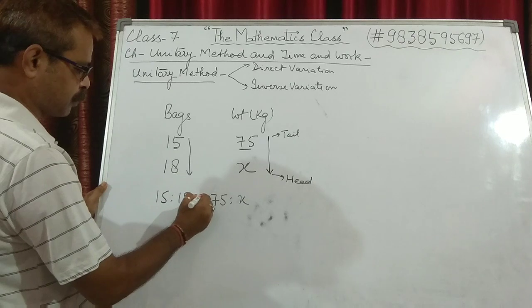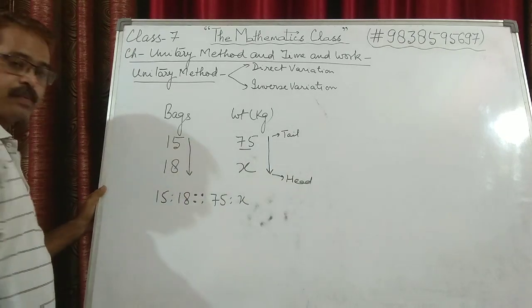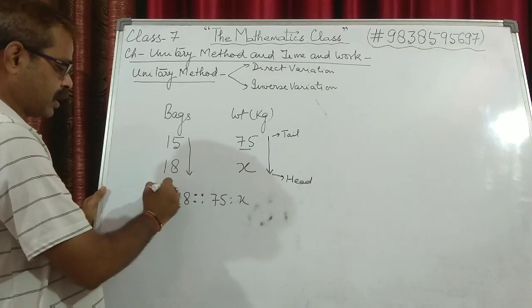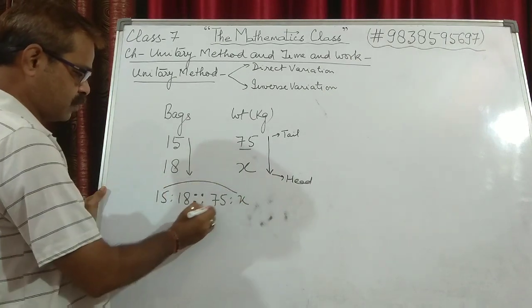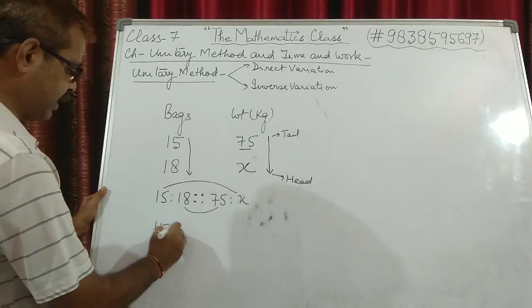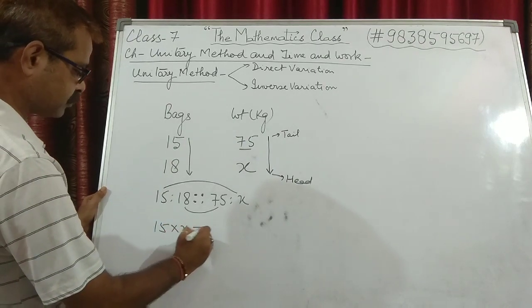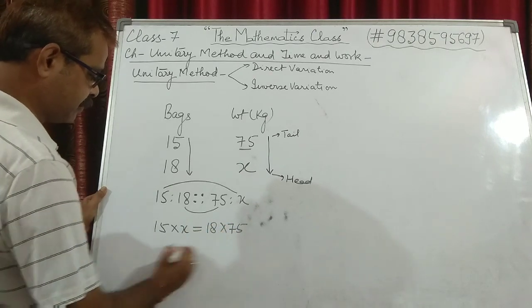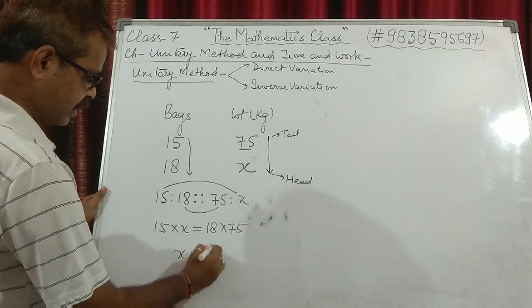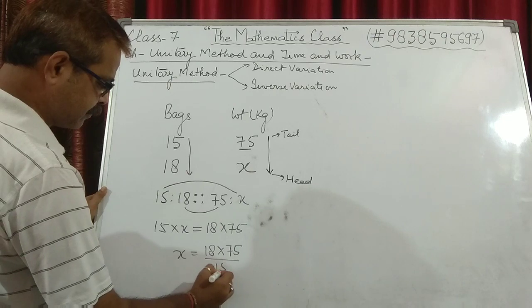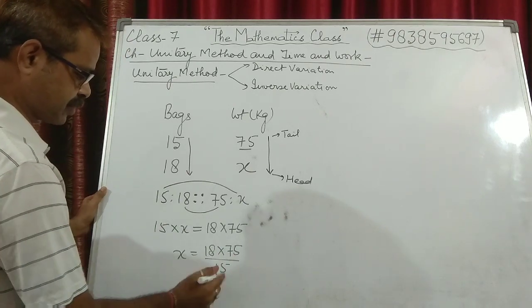In a proportion, the product of extremes is equal to the product of means. So 15 into x is equal to 18 into 75. So x becomes 18 into 75 divided by 15. 15 goes to this side and comes in division.